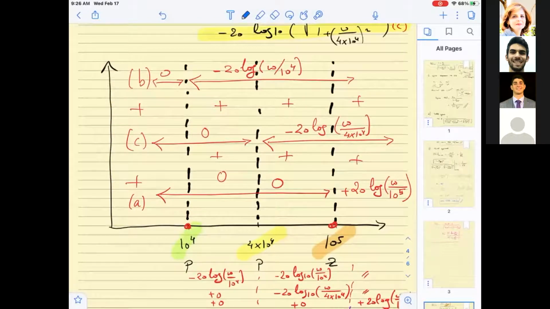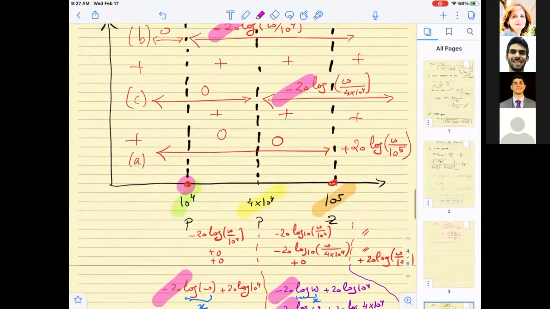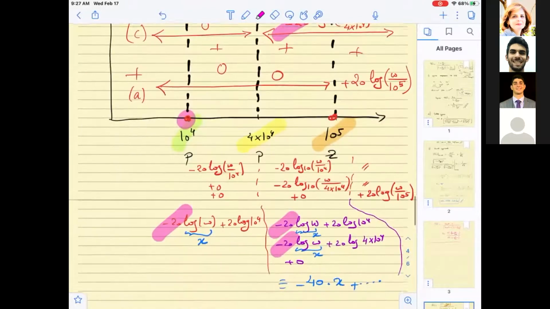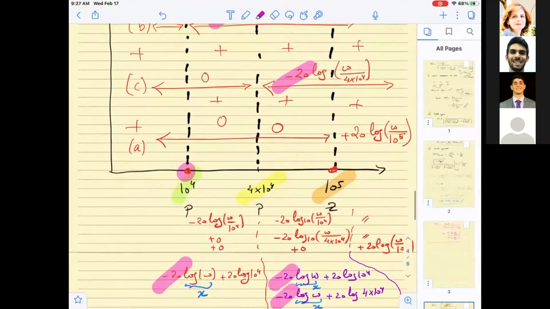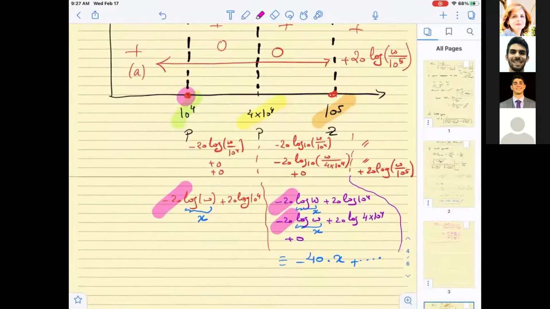Every time a new contribution is being added, I am considering its slope. The first pole entered, I added minus 20 times x. The second pole entered, I have minus 40 times x. When the 0 enters, what will I have?